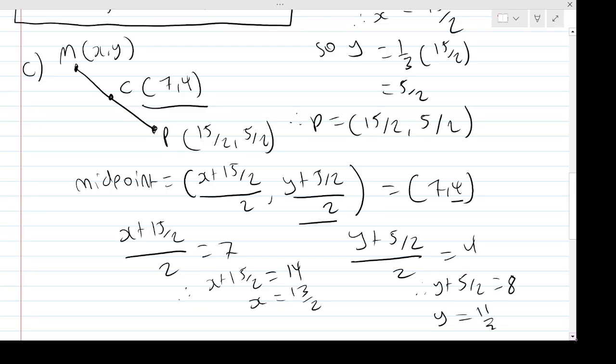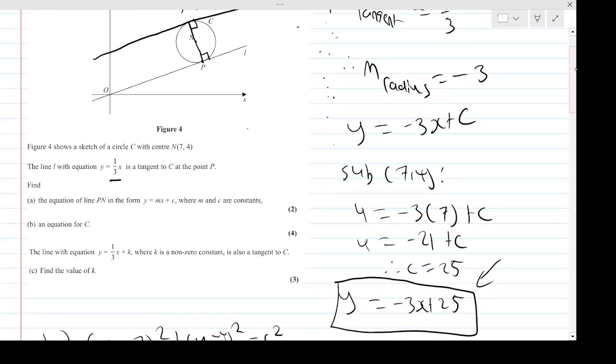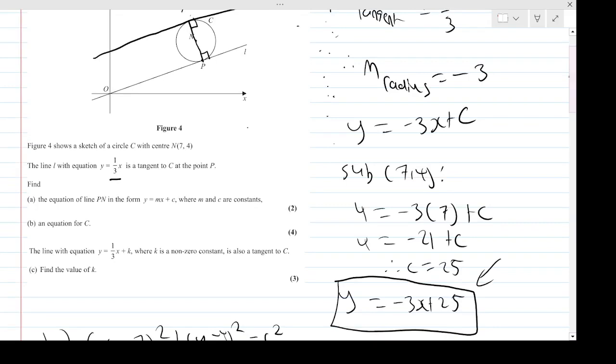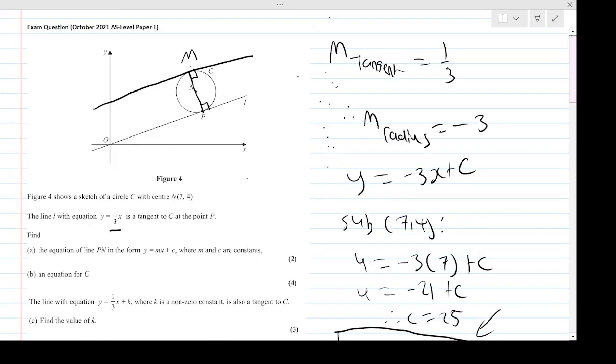So that coordinate at the other tangent intersection, M, is (13/2, 11/2). So then we can add that to our diagram. Up here, that point, the intersection with the diameter or the radius, is (13/2, 11/2).